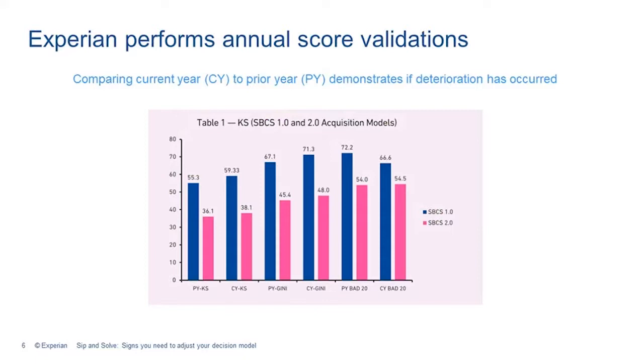But if we look at just the KS for the blue bars, the SBCS 1 score, the KS for the prior year was 55.3, and now for the current year, when we're validating it versus last year, it actually went up to 59.33. So in this case, we happen to see better performance. So all those factors that I said can impact a model.